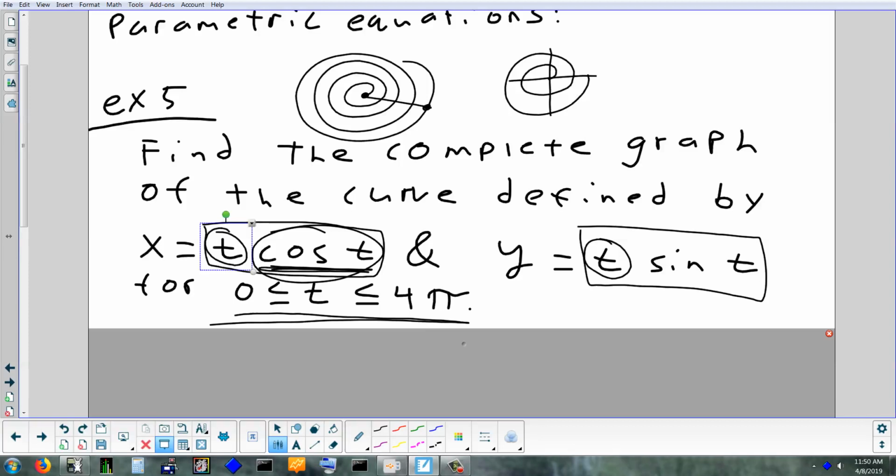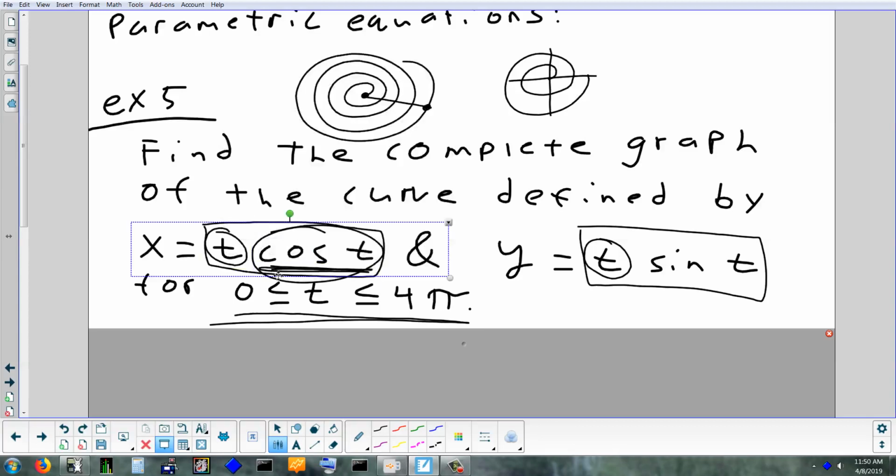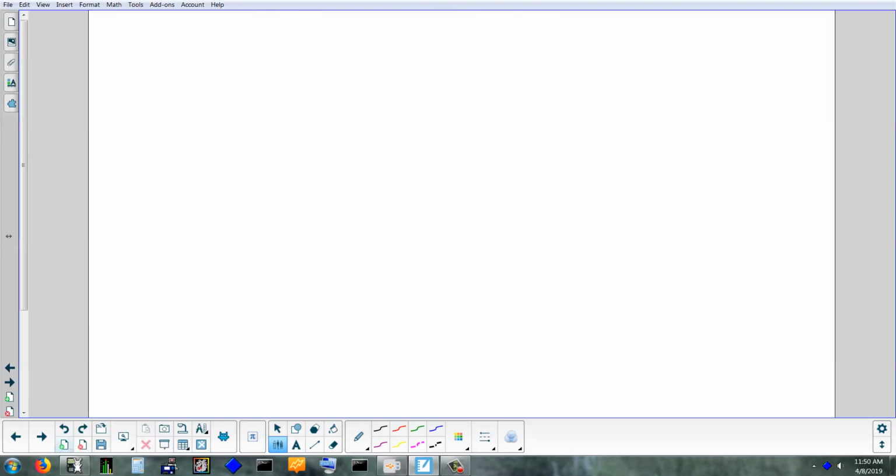So the biggest t can be is 4 pi. The biggest cosine can be is 1. Multiply the 2 biggest things you could ever have together, and that tells you how big a window you need. On the flip side, the smallest cosine can be is -1. -1 times 4 pi is -4 pi. So if you set a window -4 pi to 4 pi in every direction, you're good.